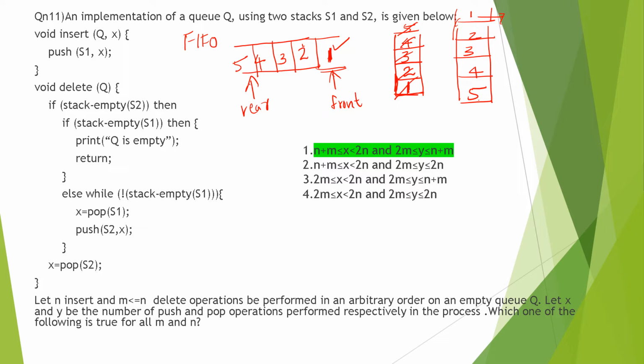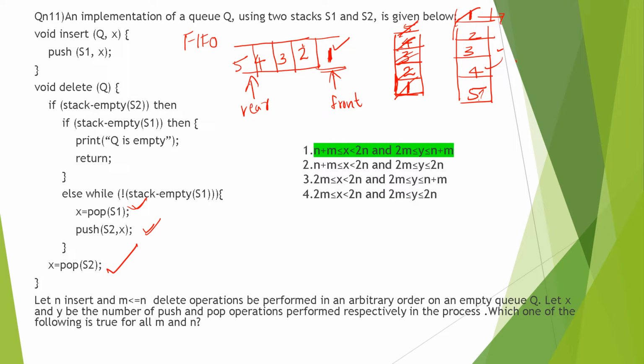So for the first single delete operation we require n pops, and for each element one pop and one push. Whenever the element to be deleted comes at the top of the stack, we perform the pop.